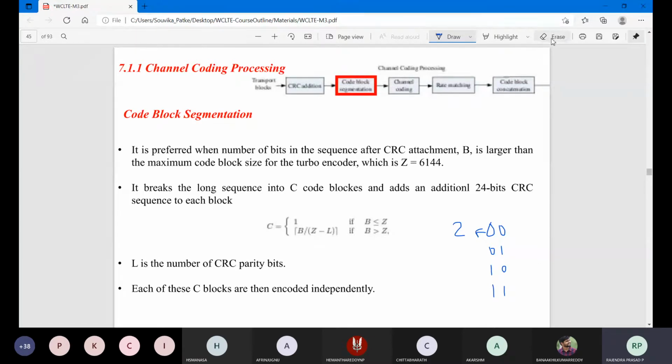How are we going to do that? If I have 00, 01, 10 and 11 as data values and I want to add only one prefix bit, I can add either a 0 or a 1. If I add a 0 here and a 1 here, this is also acceptable data. Next, I can add a 1 value, a 0 value, a 1 value, a 0 value.